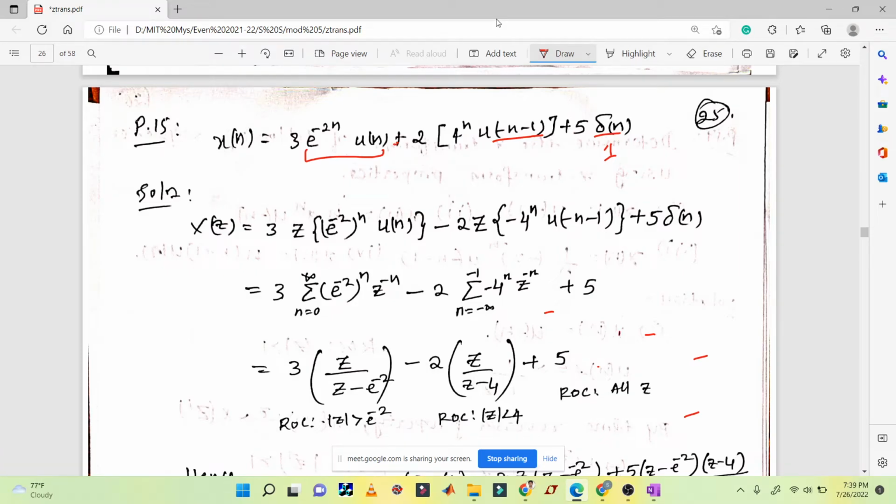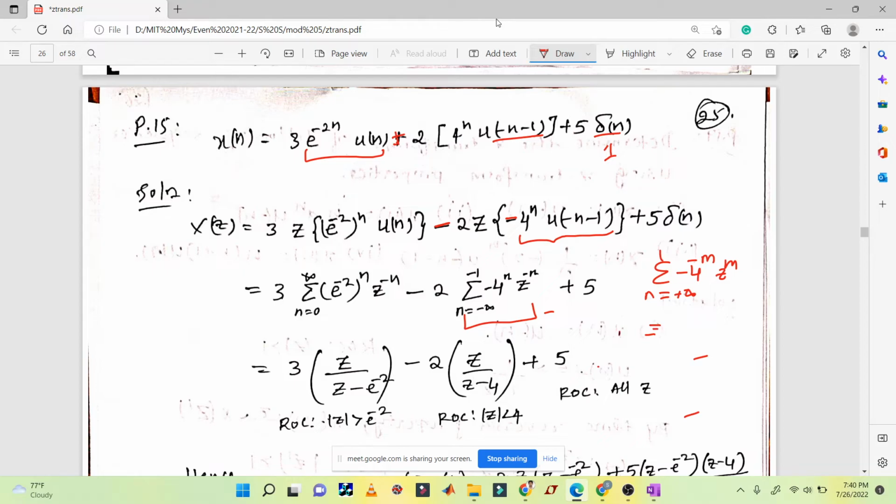Here in the first step, to make it minus, we are considering minus 2 outside, and then it will become minus 4 to the power n. This is the standard form, that's all. So that is one change we have done, and this can be represented as I already told, summation n equal to minus infinity to plus infinity of 1 minus 4 to the power minus m z to the power m.